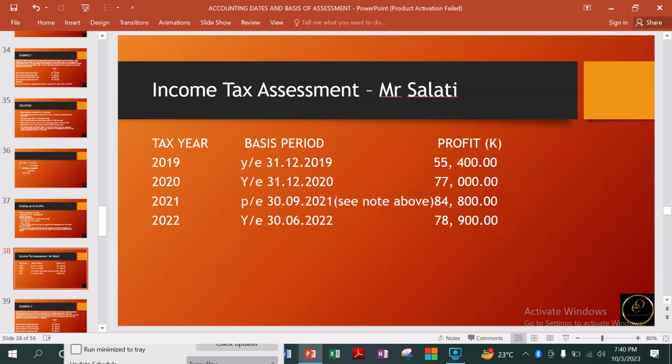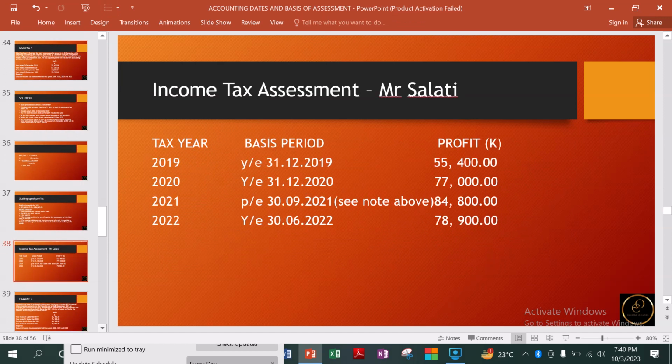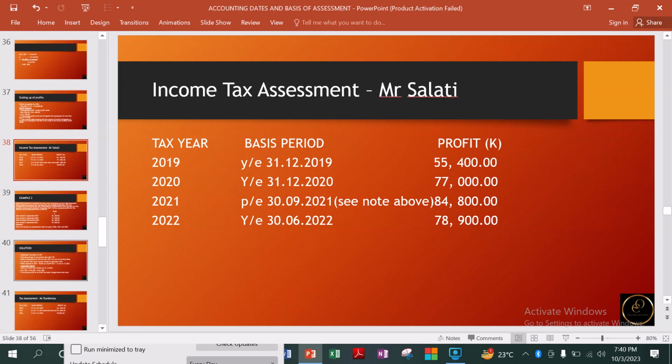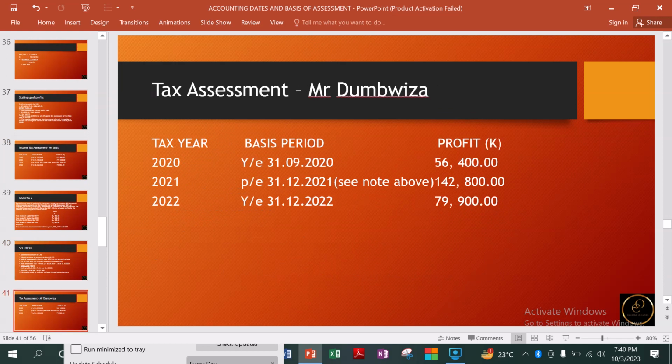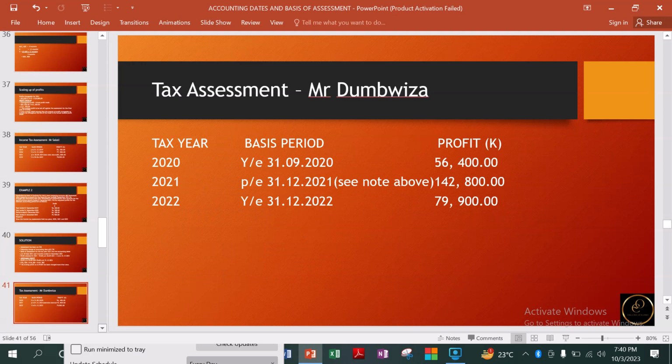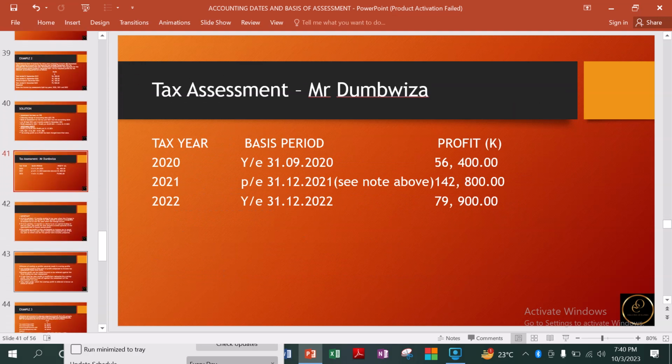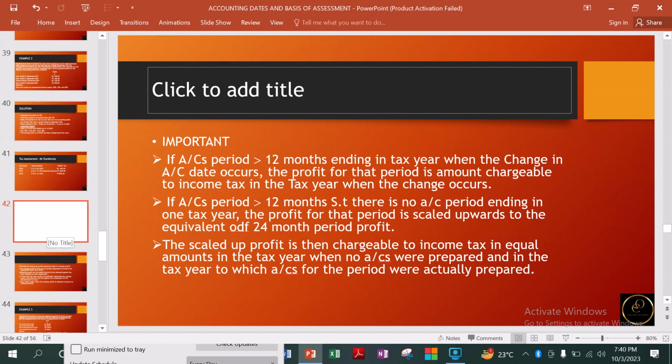That's what we saw in that example, where we ended up with 142,800 to come up with this assessment here.